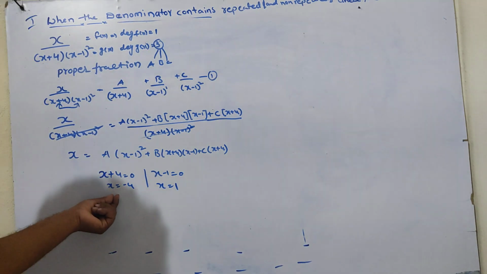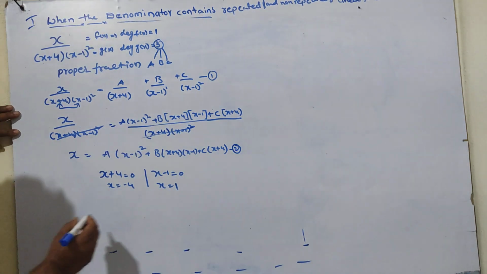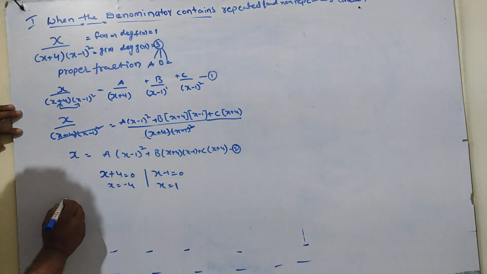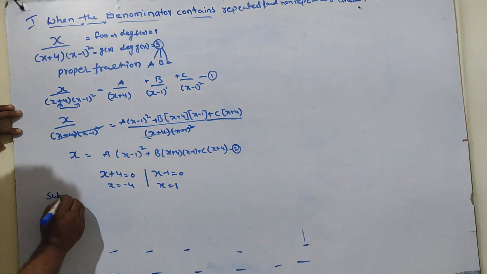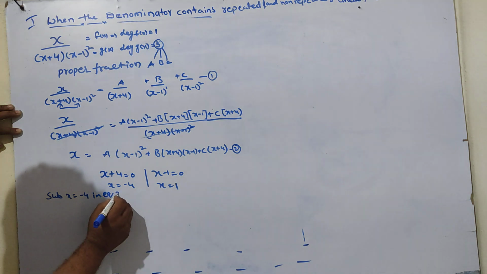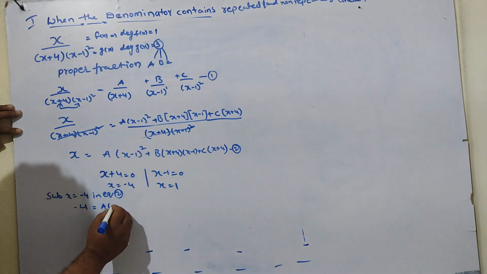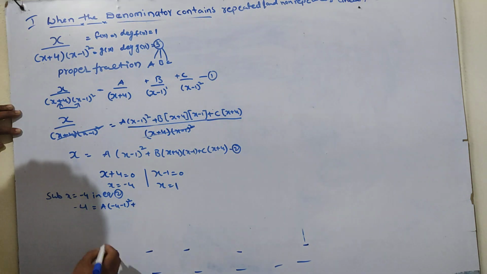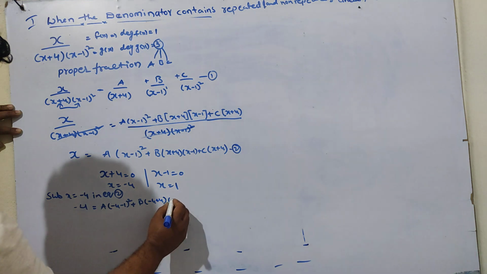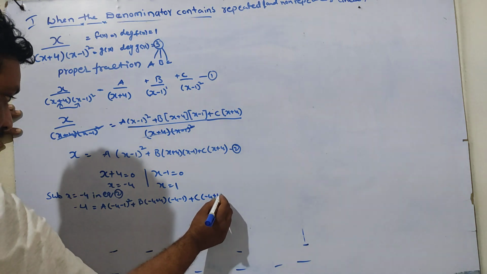Now we are substituting x is equal to minus 4 and x is equal to 1 in equation 2. On the LHS we are having the x variable, so we are substituting these values here. Substitute x is equal to minus 4 in equation 2, that is minus 4 is equal to a of minus 4 minus 1 whole square plus b of minus 4 plus 4 times minus 4 minus 1 plus c of minus 4 plus 4.